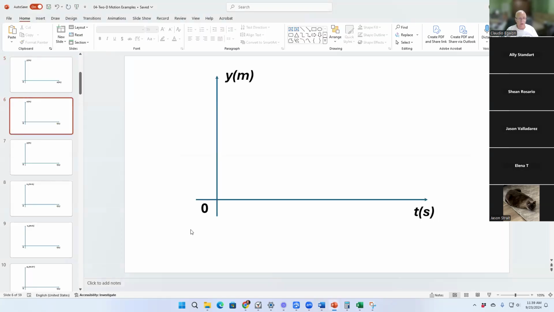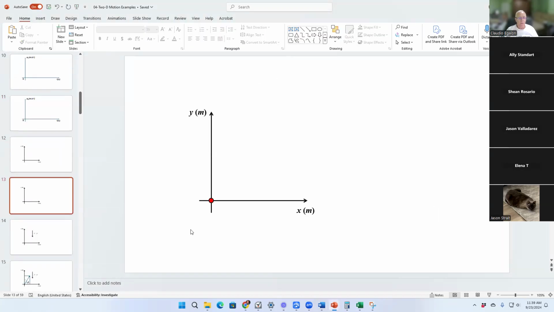Okay, so here we go. So in this case, let's go ahead and set our axis, right? So we first draw the x-axis, then we draw the y-axis.